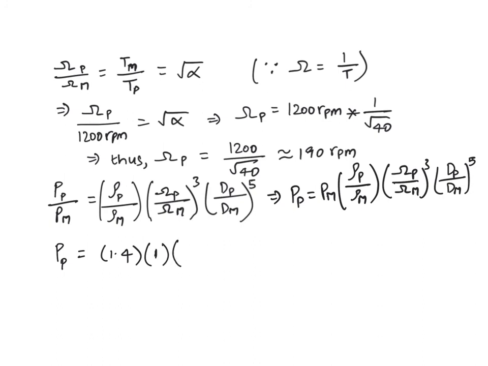multiplied by, as we have seen in the previous step, omega P over omega M is a ratio of 1 over root alpha, so that is 1 over root 40 whole raised to the power of 3.